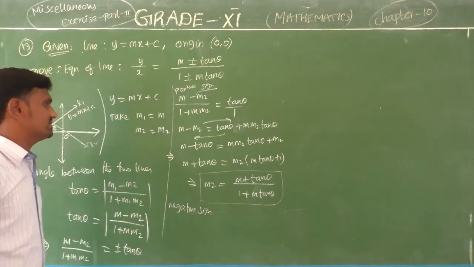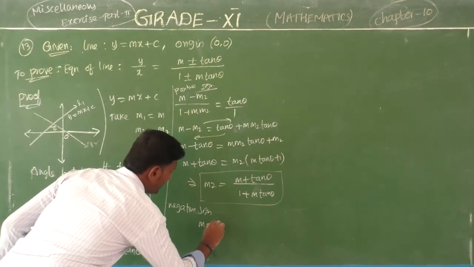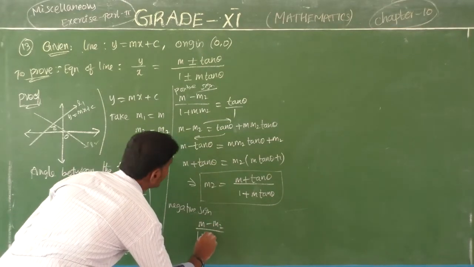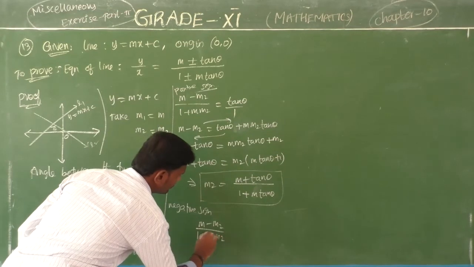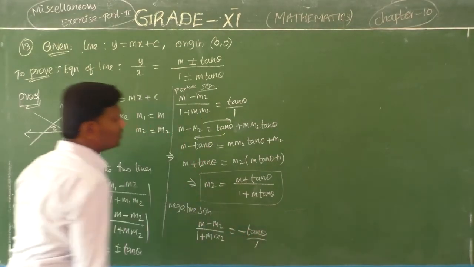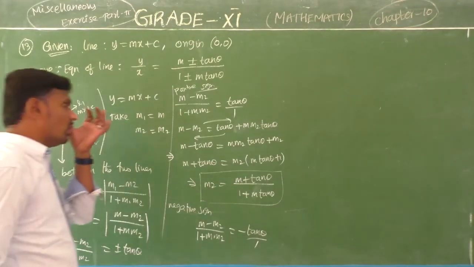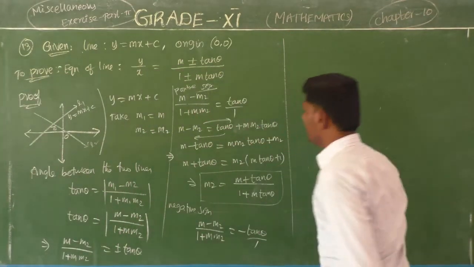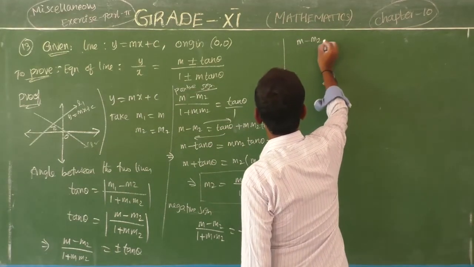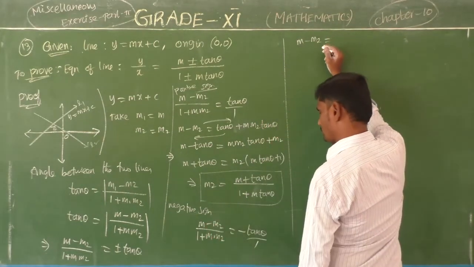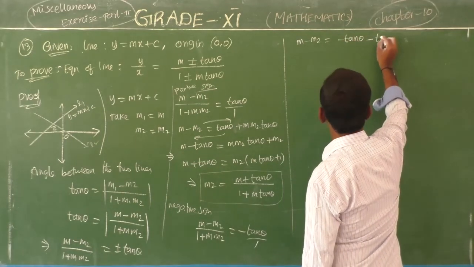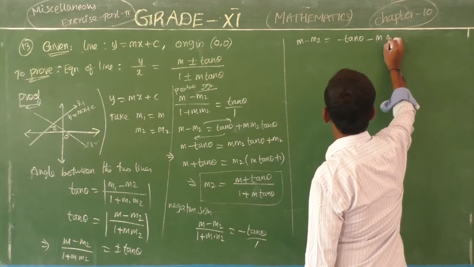Okay? Yes. Now m minus m2 the whole divided by 1 plus m m2 is equal to minus tan theta. Consider the denominator as 1 and take the cross multiplication: m minus m2 is equal to minus tan theta minus m m2 tan theta.